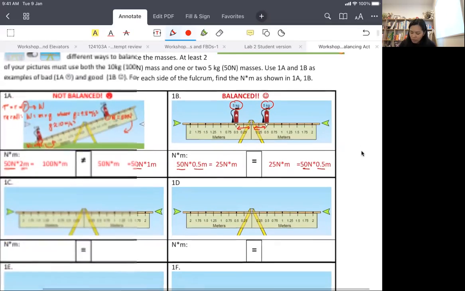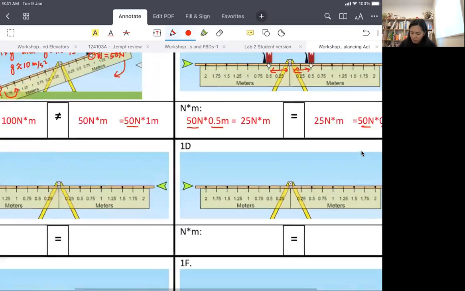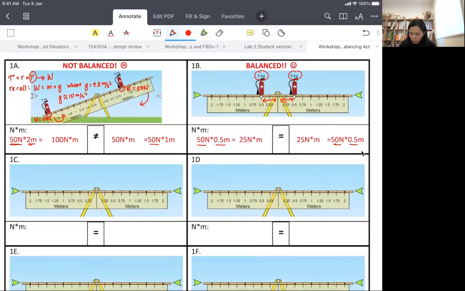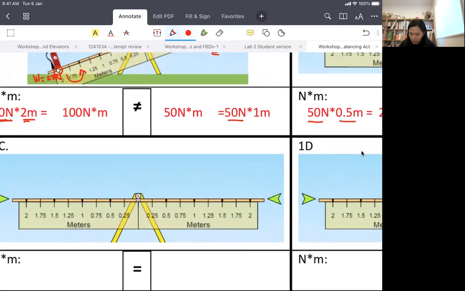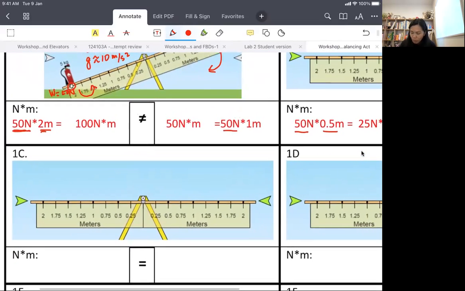Right, and so you can do examples here, but let's just take one hypothetical scenario. For example, I move my 5 kilogram mass and I put it 1 meter away on the left. So that's my 5 kilogram mass, 1 meter away.